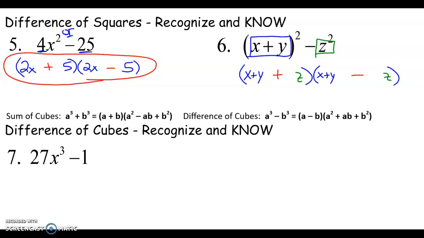Okay, for difference of cubes, if we have a cubed minus b cubed, what we want to do is use this as our starting spot here. We want to break apart that 27x cubed to be 3x all to the third power, right? Because 3x times 3x times 3x is 27x cubed.